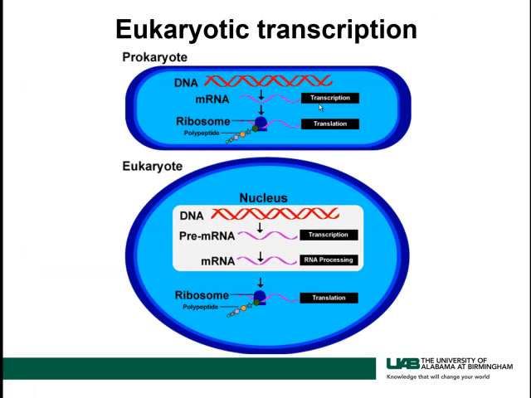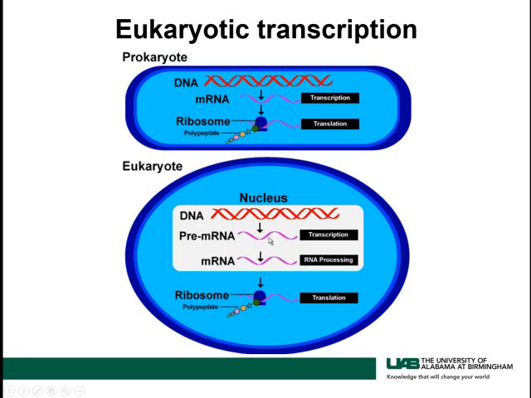Again, this is a difference between eukaryotic transcription and prokaryotic transcription. In prokaryotic transcription, you have messenger RNA transcribed, and immediately protein translation can occur. While in eukaryotic transcription, these are compartmentalized in that transcription occurs in the nucleus to form the messenger RNA.